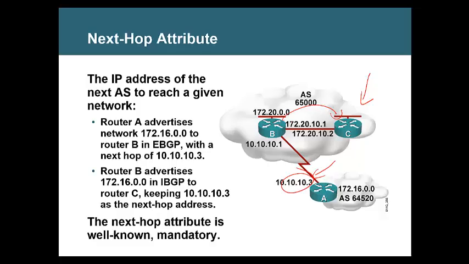It is not the next router. The reason is BGP is an autonomous system by autonomous system routing protocol, not hop by hop. And this is also a well-known mandatory attribute.